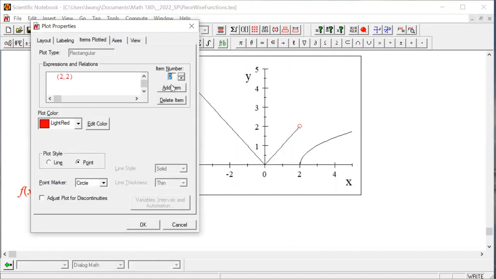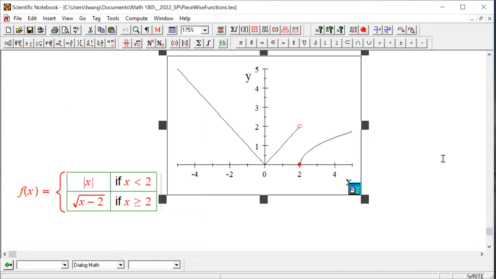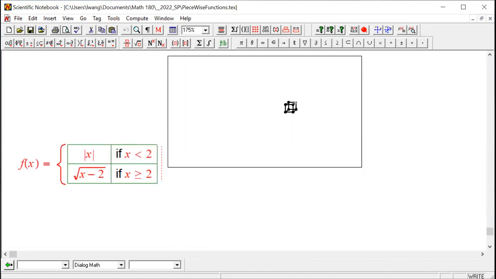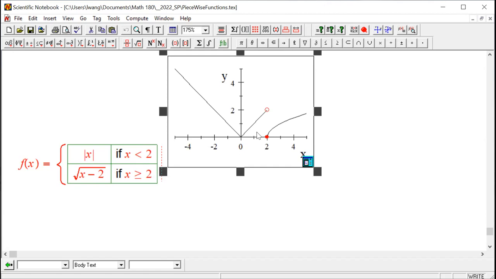That's all you need. The dot at 2, 0, which is a dot. That's it. So in your calculus class, you probably see a picture like this. And then you're going to study its other properties like continuity, limits, and so on and so forth. And here we try to get you guys to understand how to graph it.